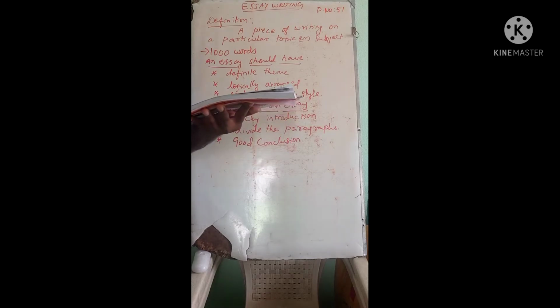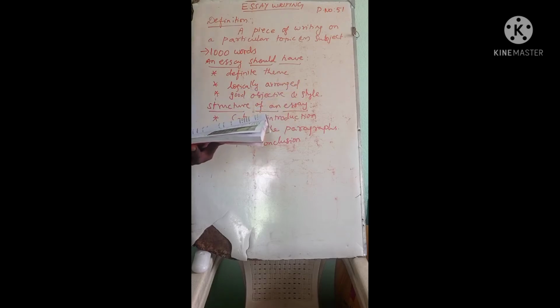Listen, in your page number 51, point number 1: read a lot in order to be well informed. A writer should read many books. He can collect many sources from the internet, library, magazines, newspapers, or from any books.